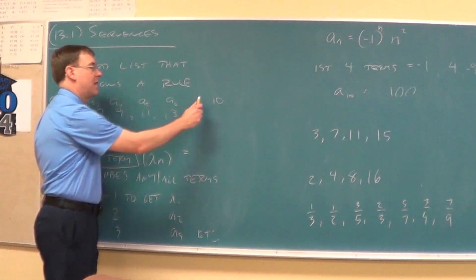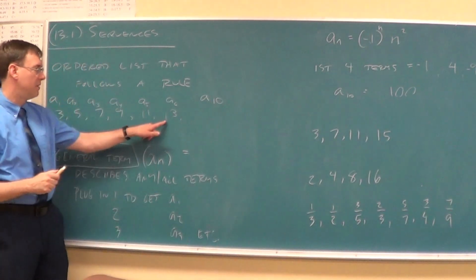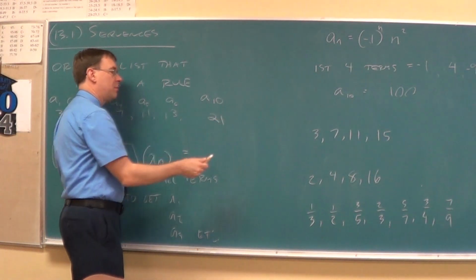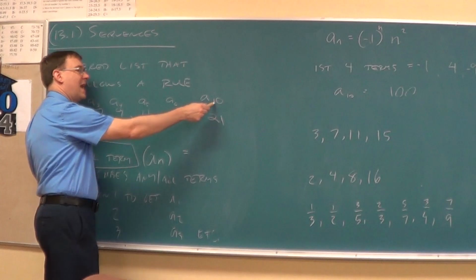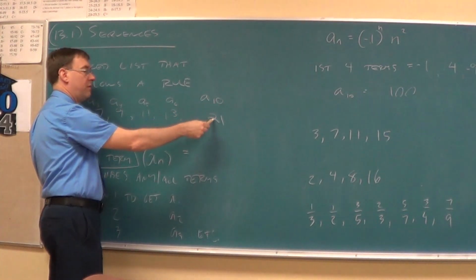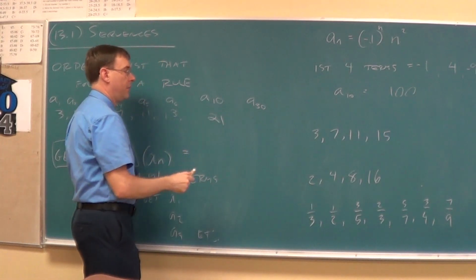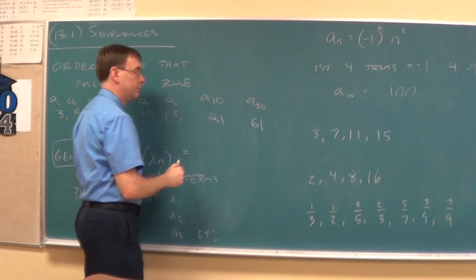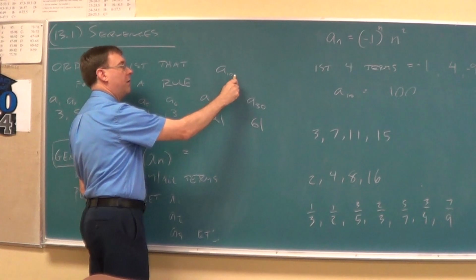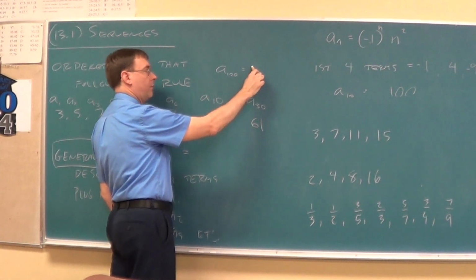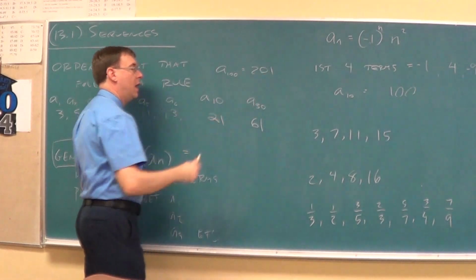If we were doing the 10th term, can you figure out what it would be? It would be 21. If I wanted the 30th term, it would be 61. If I wanted the 100th term, 201.